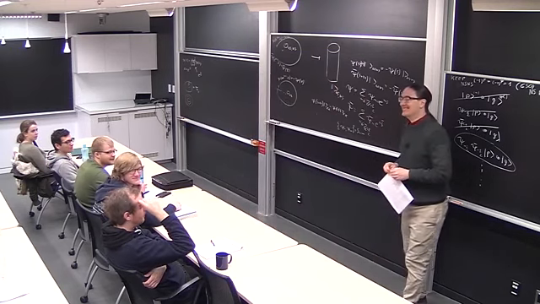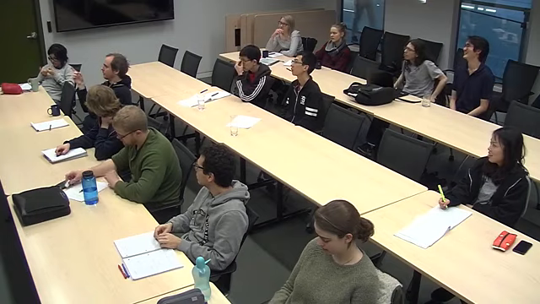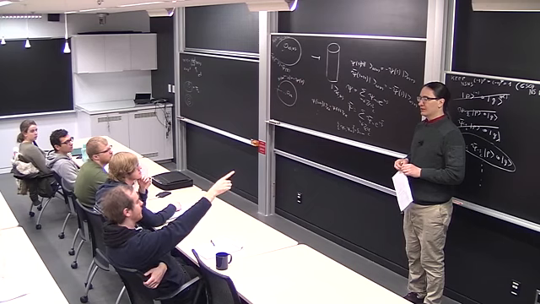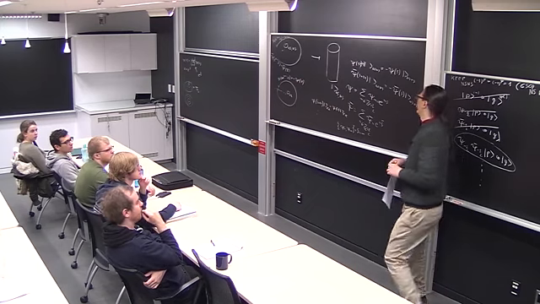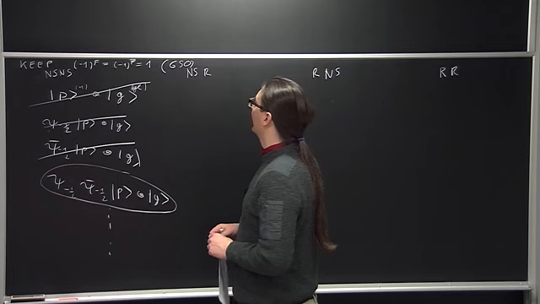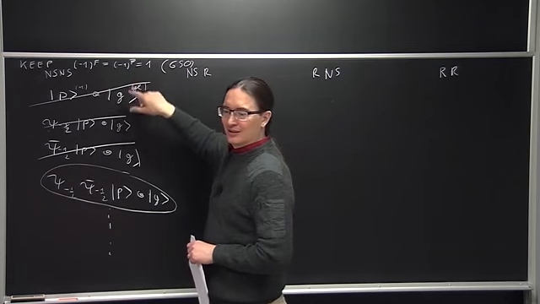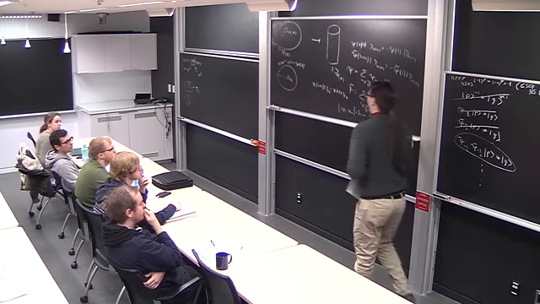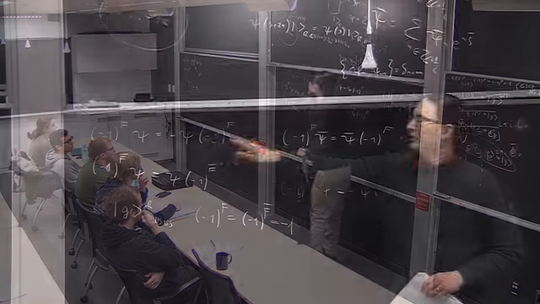Yes? You described, I think yesterday, the GSO projection as being that we wanted an even number of fermions. That's right. And also an even number of type psi bar. How do I see that that's the same as what you've written there for NS-NS? You mean, how does that relate to what you said yesterday? Well, as you see, this counts the number of fermions.